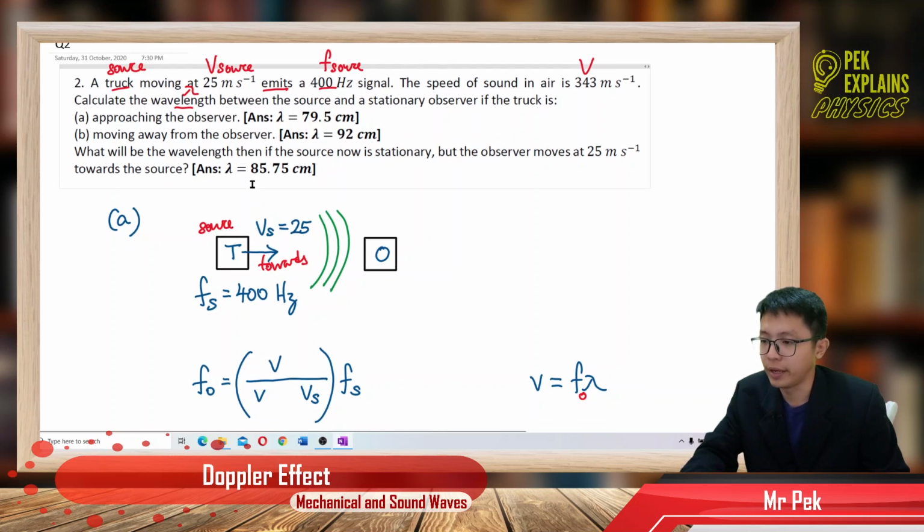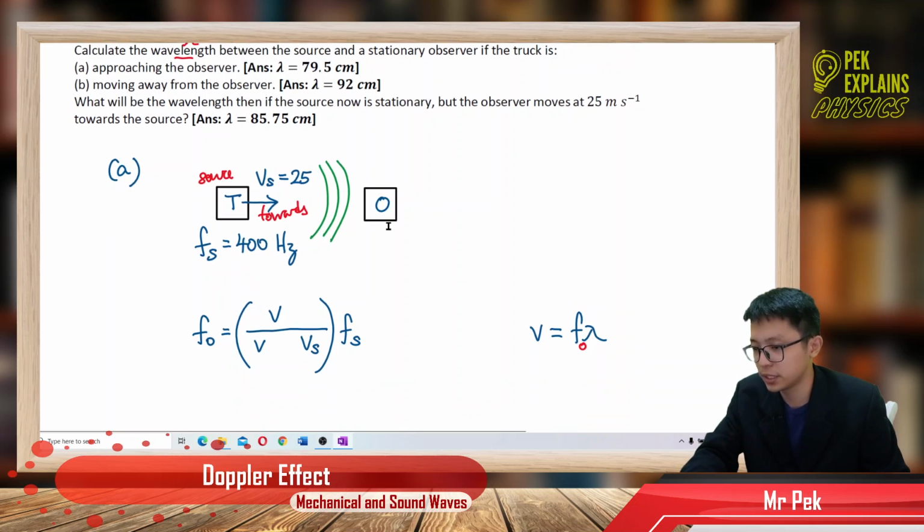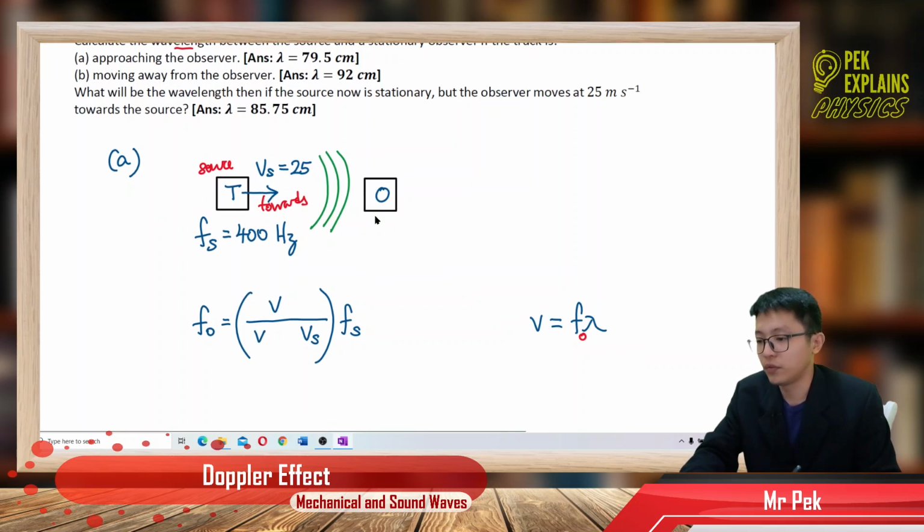We have the frequency of the source, 400, and the velocity of the source, 25. So first find the observed frequency. When the source moves towards the observer, you expect the observed frequency to increase.